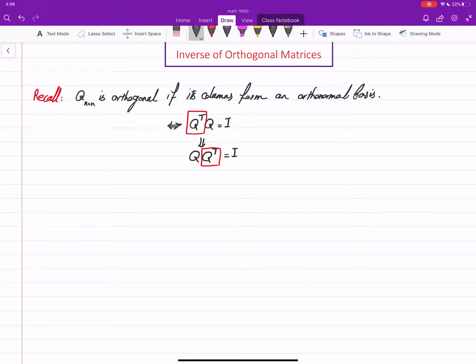And well, this right away tells me that, in fact, all orthogonal matrices are invertible.